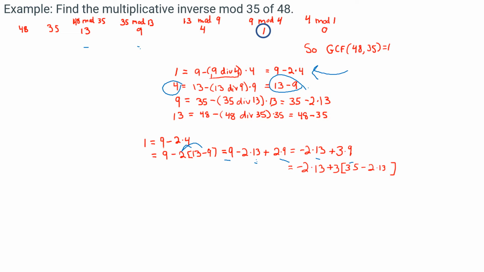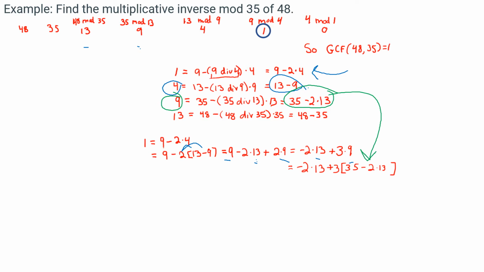So now, let's move over one here, and we have 13 and 9s, but now let me see if I can change the color. We know that 9 is equal to this. So we're going to put that in place of our 9. And now we've got 35 and we've got negative 2 13s.